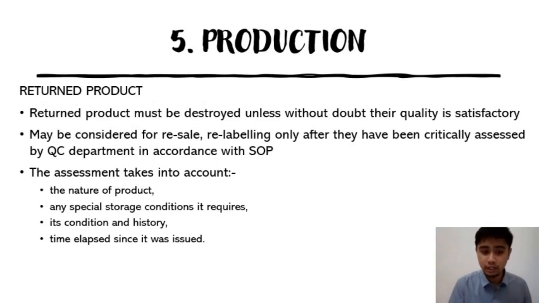For example, if the returned product should be kept at 2 to 8 degrees Celsius, but it has been exposed to an extreme environment like room temperature, it may be spoiled. The other assessments are its condition and history, and the time elapsed since it was issued.